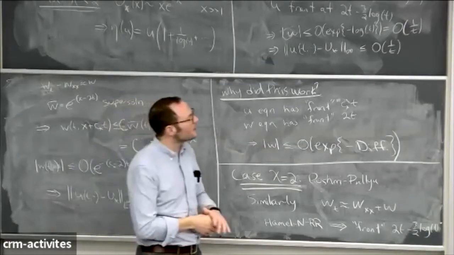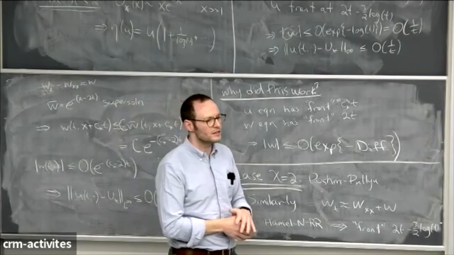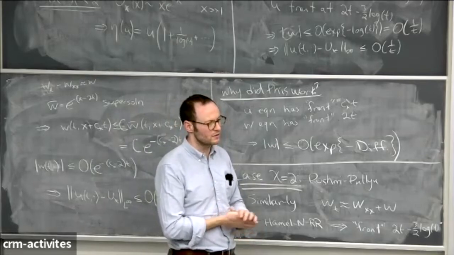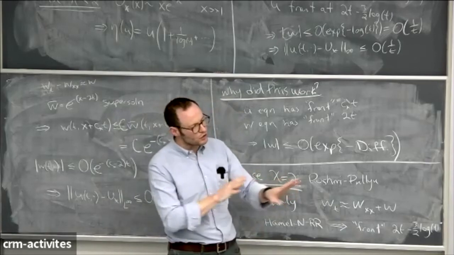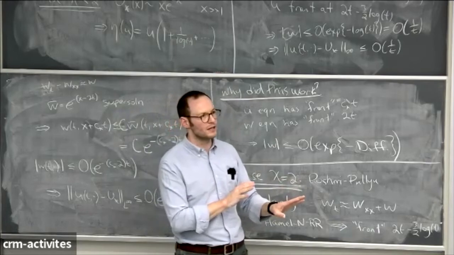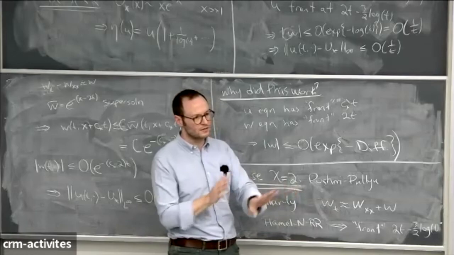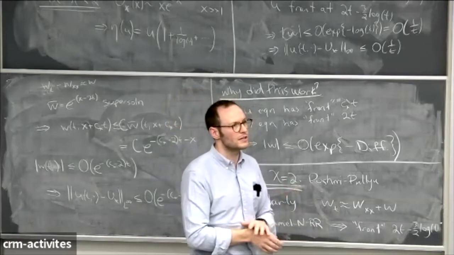What do you see? In all of this, I'm not touching u at all. I'm saying, suppose I already know where the front of u is, and then the question is how do you use that knowledge to get convergence rates.